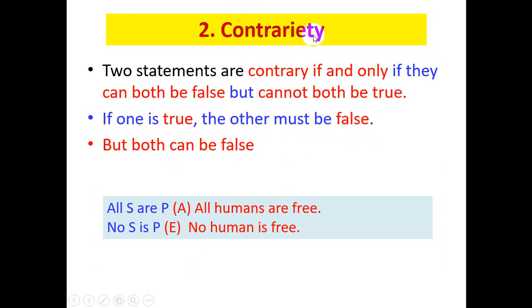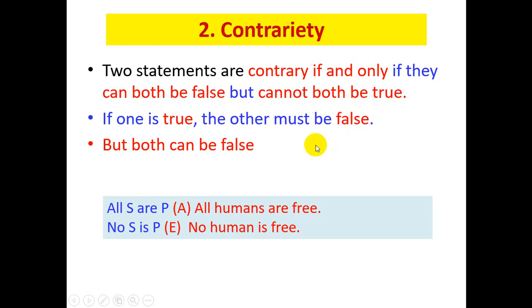Contrariety. Two statements are contrary to each other if and only if they can both be false, but cannot both be true.